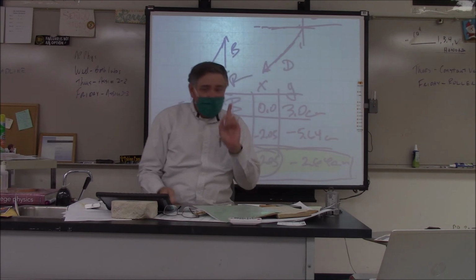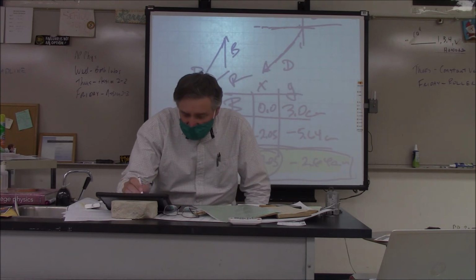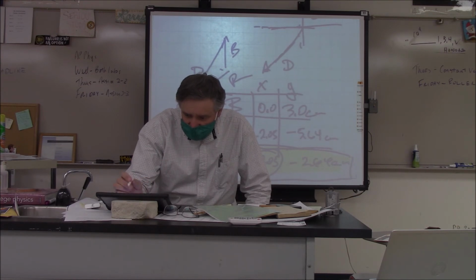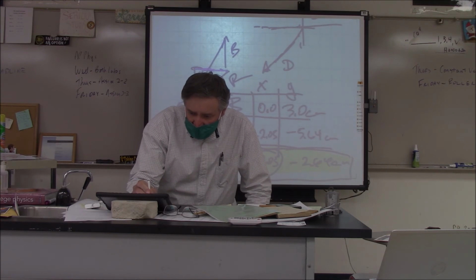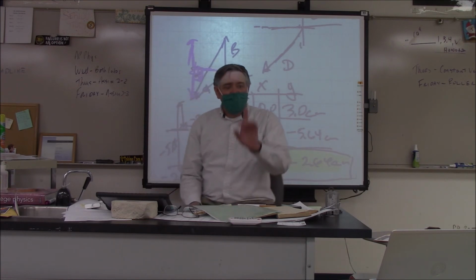So here's where we ended up, and this is the most important thing to get. We went out, we went up, we went down, and we have this. So here's what's important.